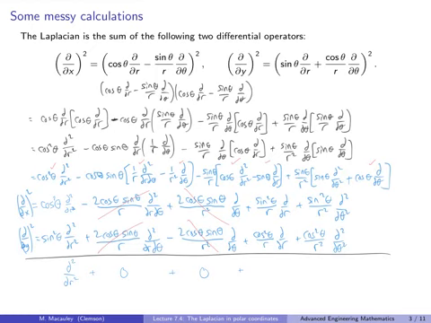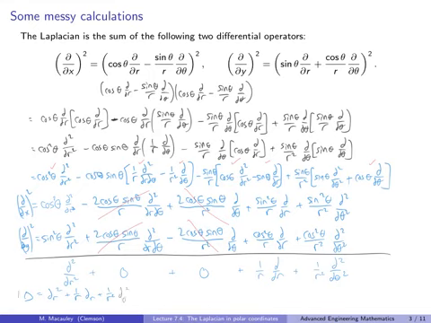And then here, what do we get? We have sine squared plus cosine squared is 1, but we're over r, so we have 1 over r times d dr. And then we have another sine squared plus cosine squared, but over r squared, so we have 1 over r squared times d squared d theta squared. Okay, so the Laplacian operator in polar coordinates, if I want to write it short, I'm going to write it as d r squared plus 1 over r d r plus 1 over r squared d theta squared.